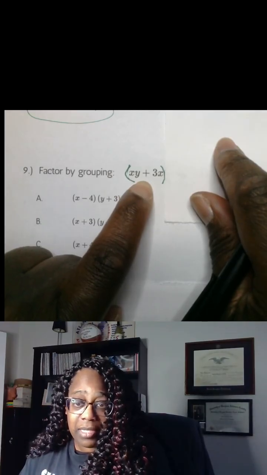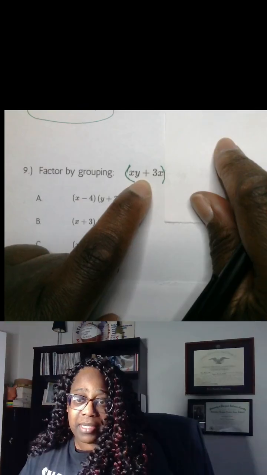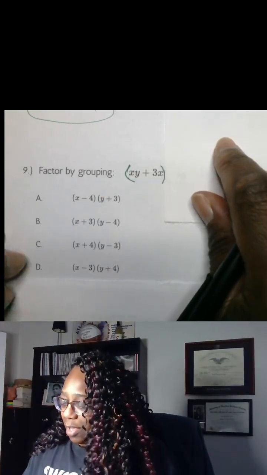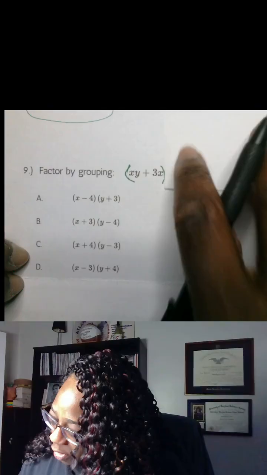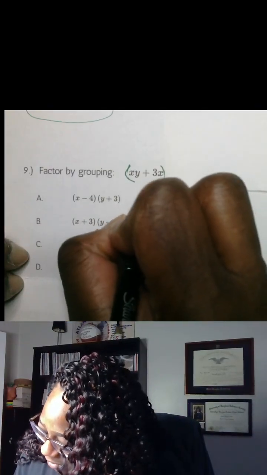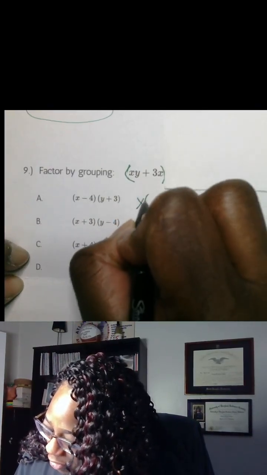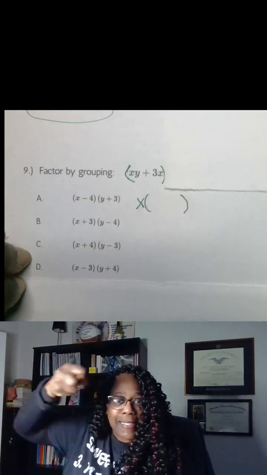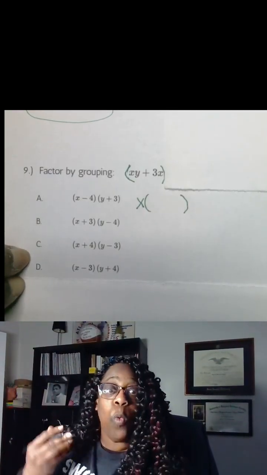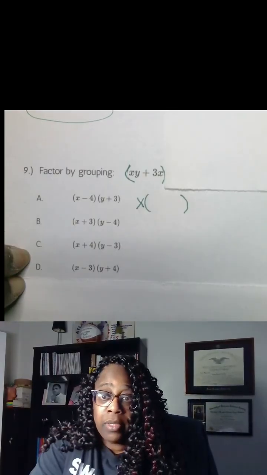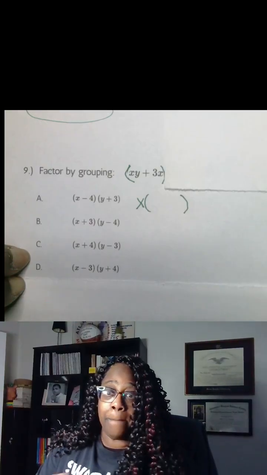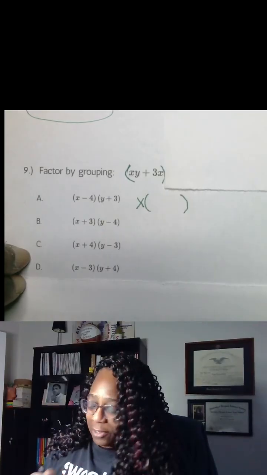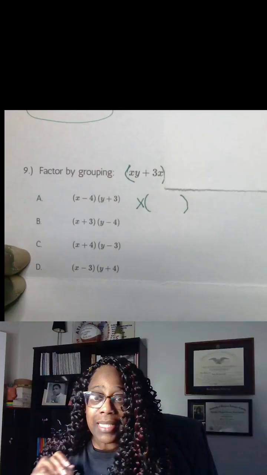I'm seeing some X's. Both of the terms have an X. So if we factor out the X, take it out and put it to the side, what's left over? Still with the X's. If I take the X's out, what's left?